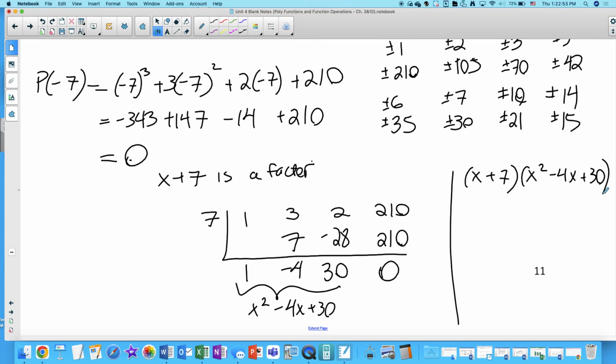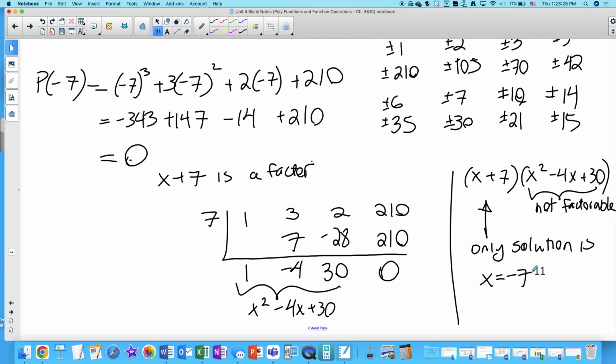Because we've got to keep going if we want to find all the solutions. Are there two numbers that multiply to 30 and add to negative 4? No. This guy is not factorable. So this is the only solution, x equals negative 7.